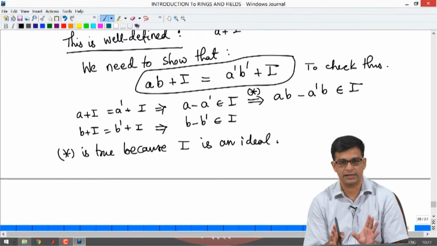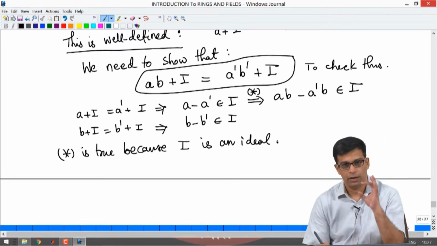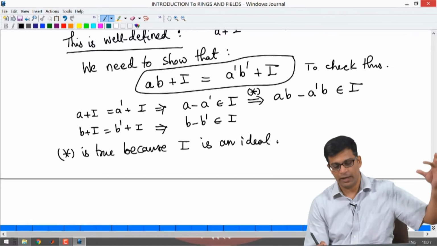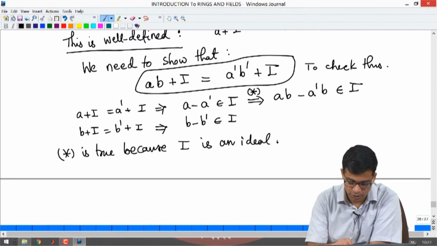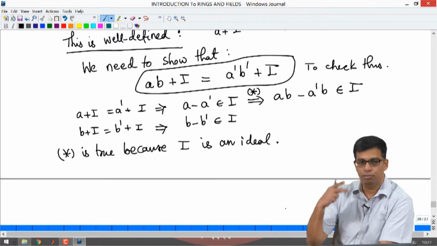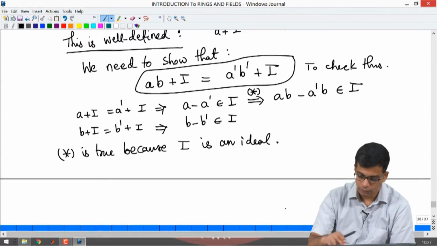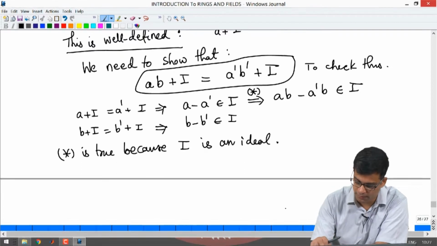It is not merely a subgroup. It has the property that you take an element of I, multiply by any ring element, it lands again in I. That property is used here. a minus a prime is in I, b is an arbitrary ring element, I multiply by that. So, ab minus a prime b is in I.